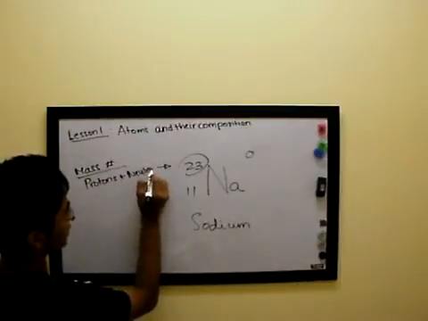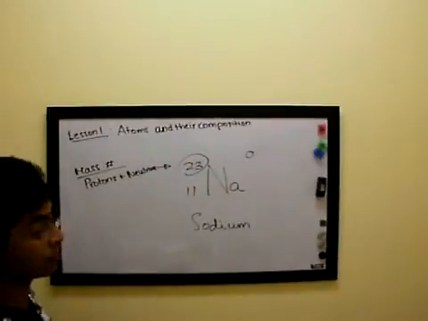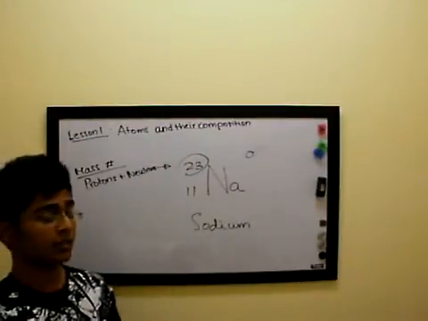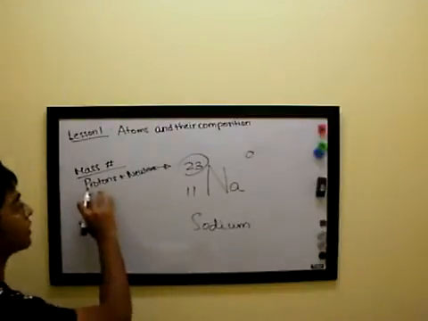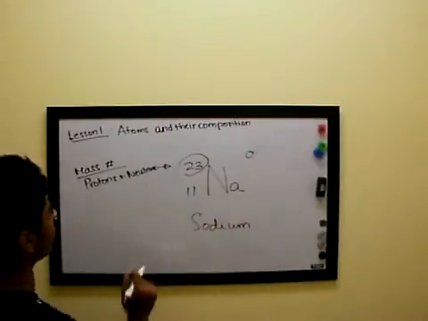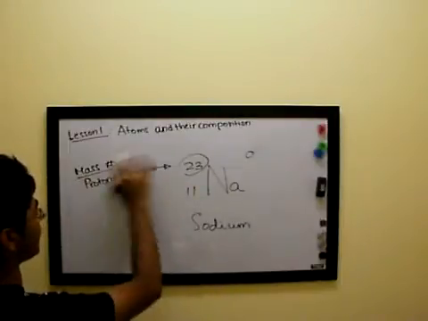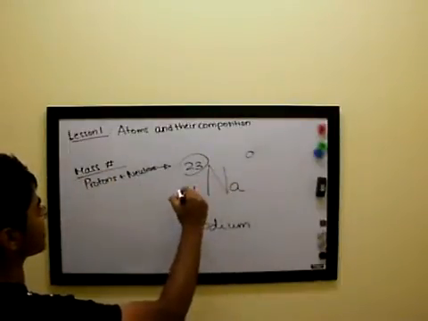Now the reason that you don't account for electrons is because electrons are very small. They don't take up a lot of space. They're insignificant, so you don't count that when you're counting the total mass of sodium. So that's the mass number, the total mass of sodium.